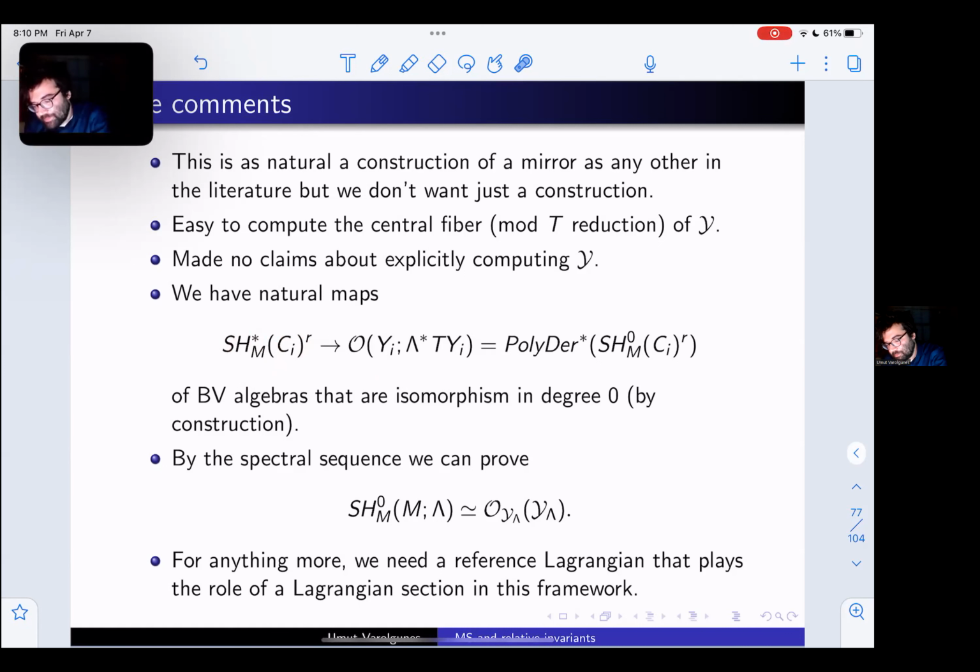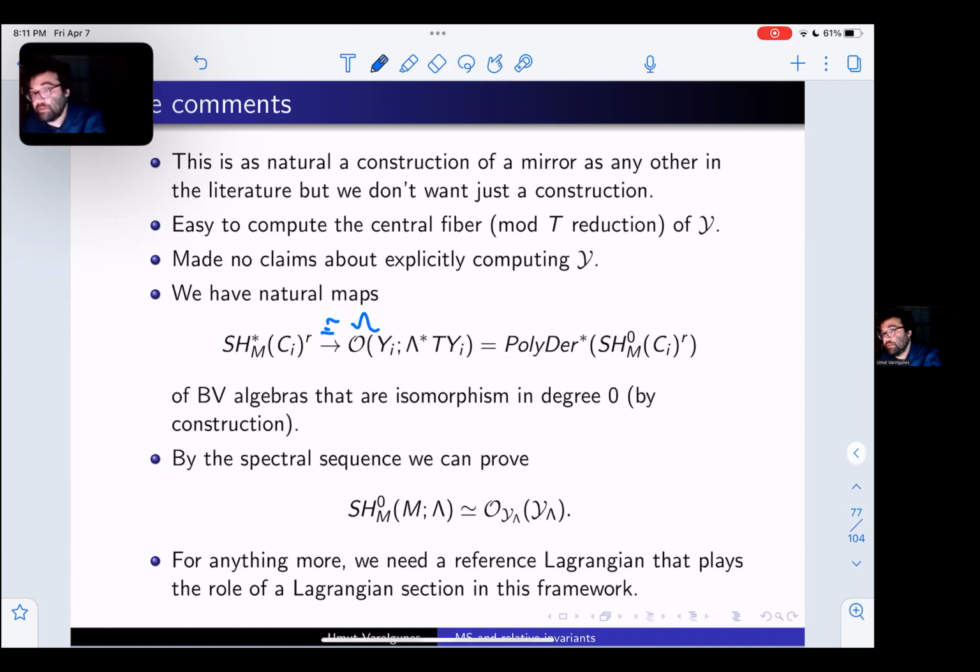So there are some natural maps from this to polyderivations on the local pieces. The 0th degree is SH0, just functions. In first degree I just have derivations, so vector fields, and in second degree bivector fields and so on. But under this condition of existence of reference Lagrangian, these maps should actually be isomorphisms after tensoring with lambda.